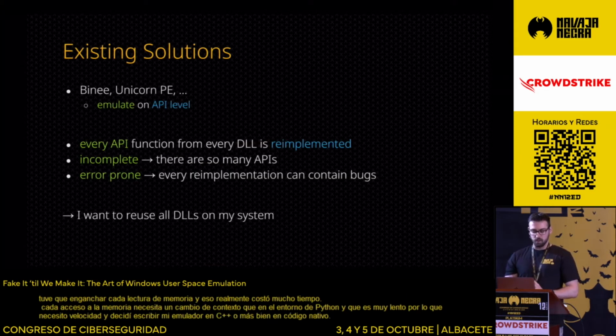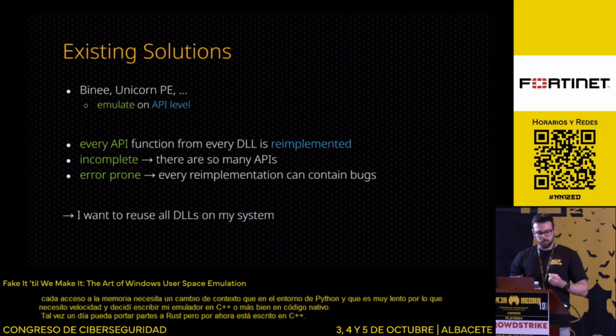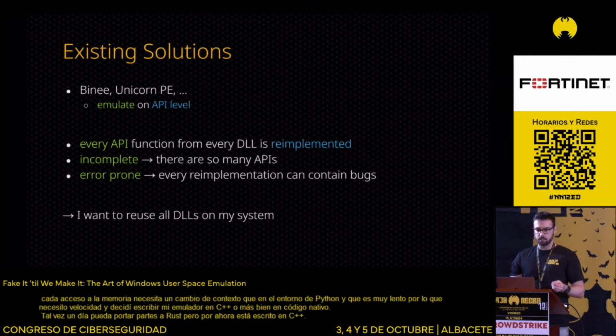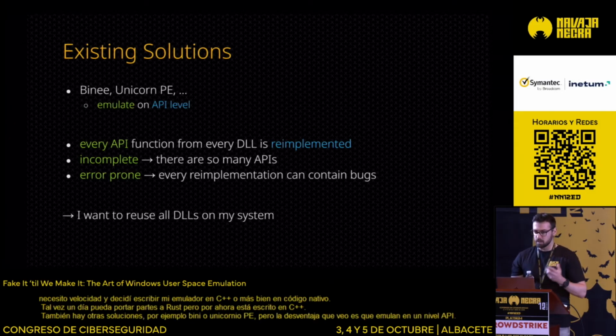There are also other solutions, for example, Bini or Unicorn PE. But the disadvantage that I see is that they emulate on an API level. That means that they load the application into the emulator, but instead of loading all the Windows DLLs, for example, they provide an implementation for every API and every Windows DLL.